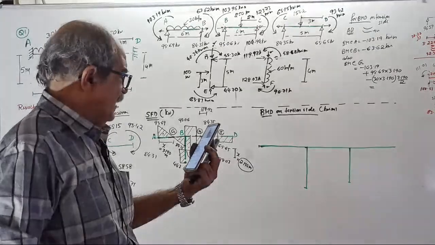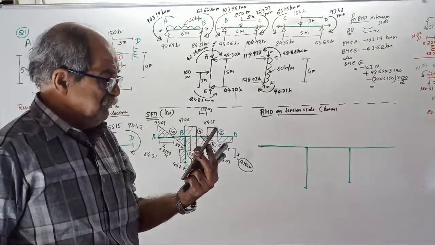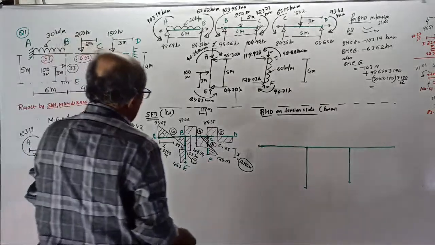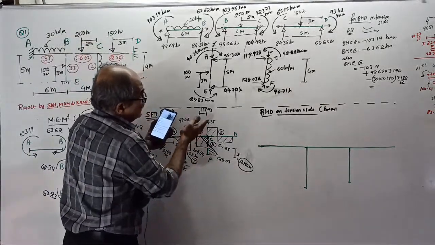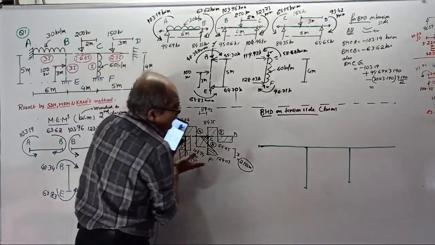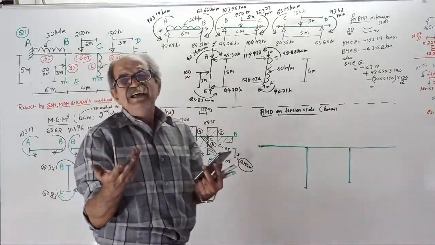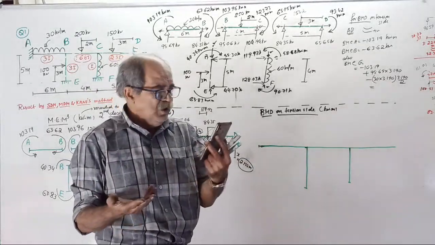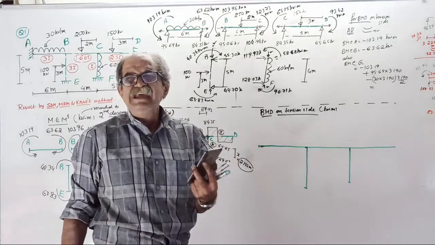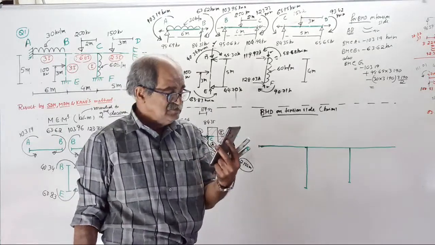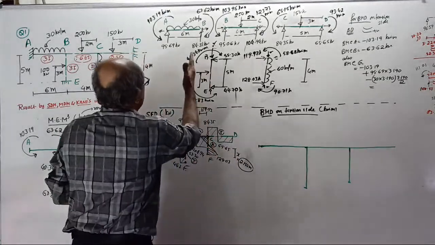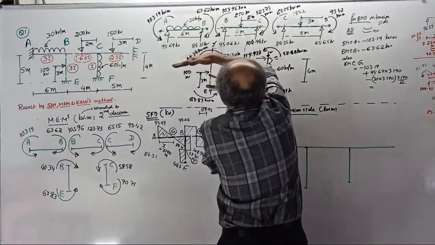No. What reverse? Sir, CF member, yes sir. No, I will take the right side for the member, loaded side. I will take this as positive. Okay, no, there is no rule that way. Do you think I am not knowing that much? For this member, I will take shear force, this is positive.